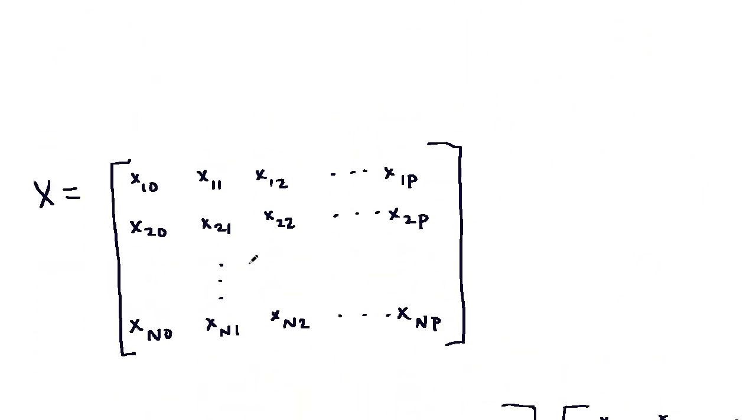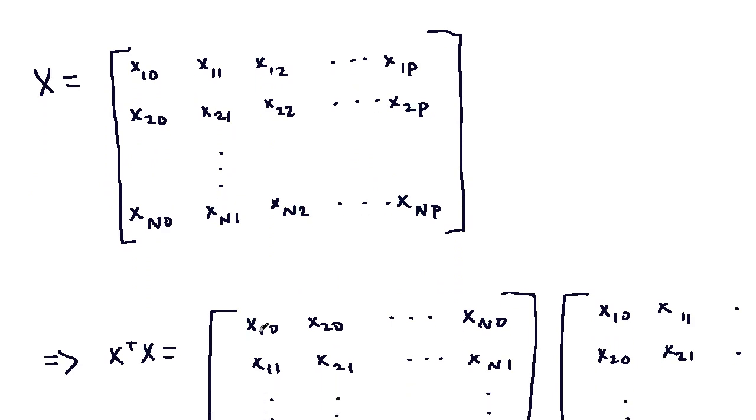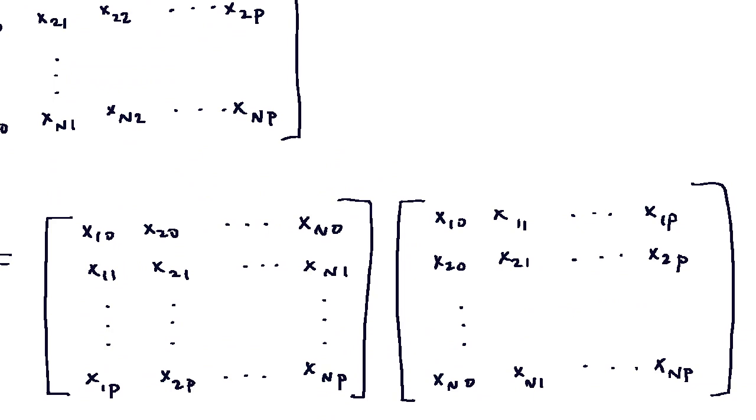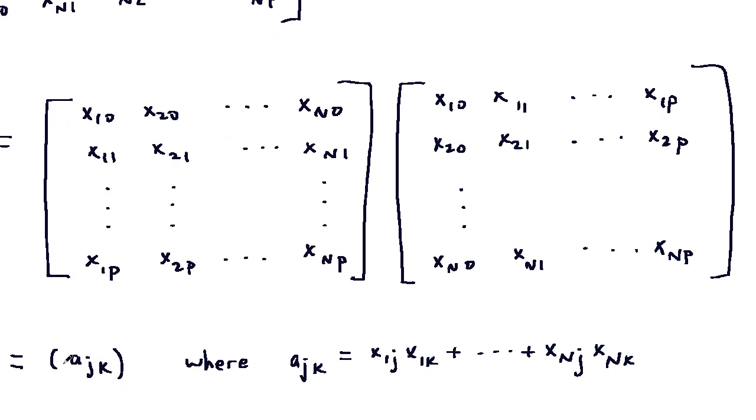Now note that x equals this matrix. Therefore x transpose x is equal to this, which is equal to the matrix where the jkth entry is ajk, where ajk is this.